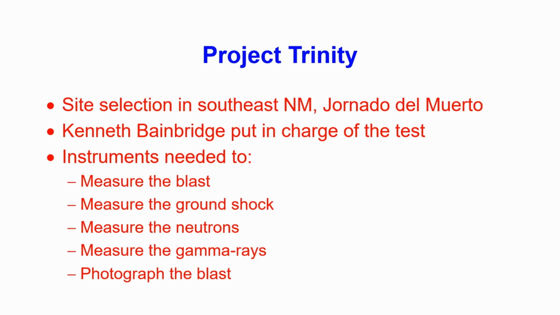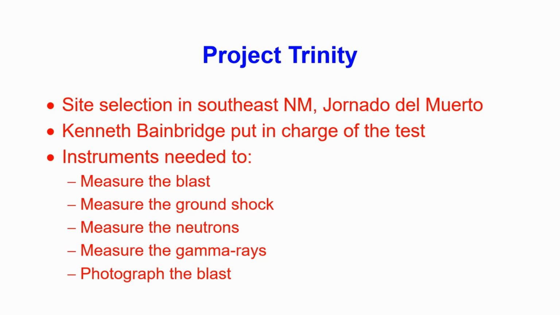Project Trinity. The test was given the term Trinity by Oppenheimer. Some people say it had to do with a poem, and the last I read is that Frank Oppenheimer, his brother, said he has no idea where he came up with the idea of calling it Trinity.